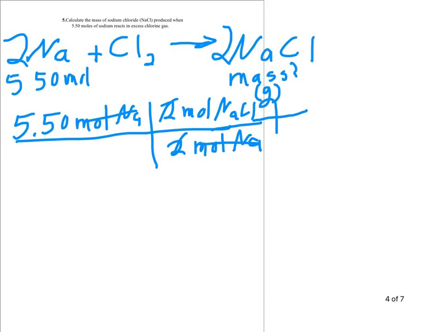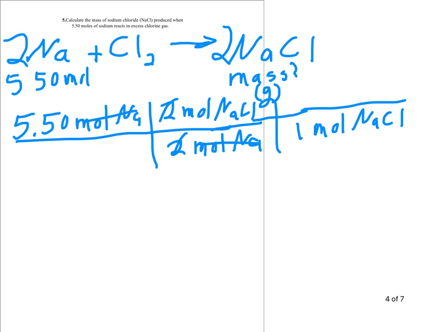Now 1 mole of sodium chloride will be, using the periodic table and a calculator, you can add that up. Sodium is 22.99 to 2 decimal places.